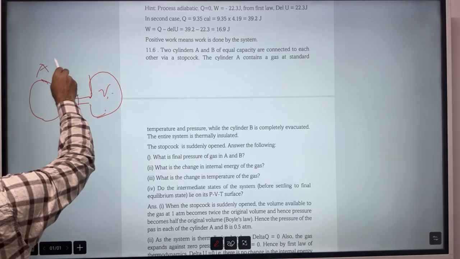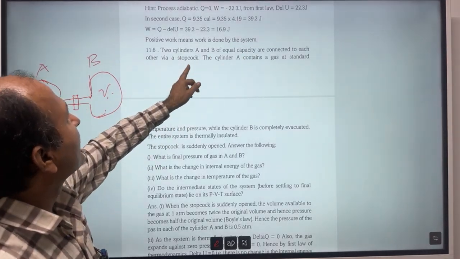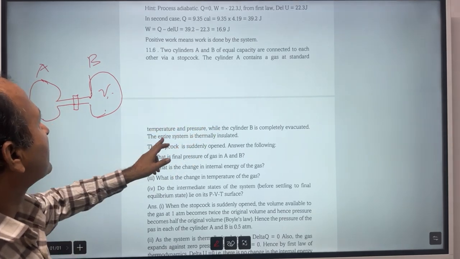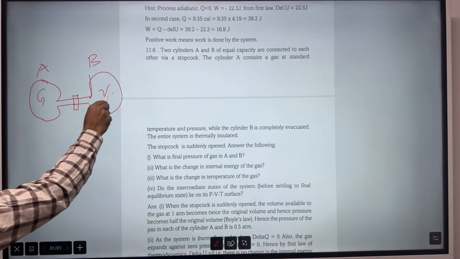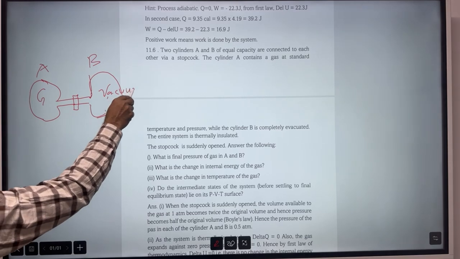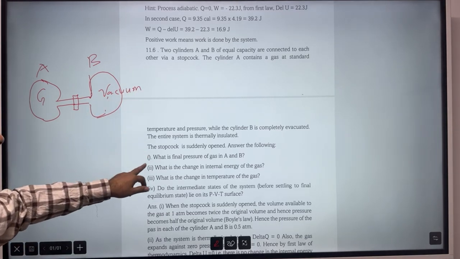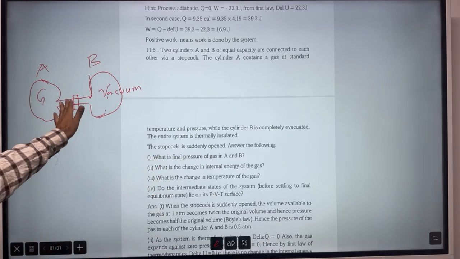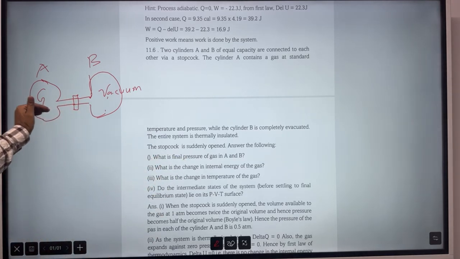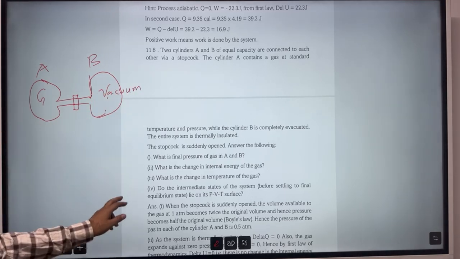Suppose this is cylinder A, this is cylinder B, of equal capacity, connected to each other via a stopcock. The cylinder A contains a gas at standard temperature and pressure. Here there is gas, here there is nothing, here there is vacuum. Now the system is thermally insulated. The stopcock is suddenly opened. What will happen? If the stopcock is suddenly opened, then gas will rush toward the vacuum, right?